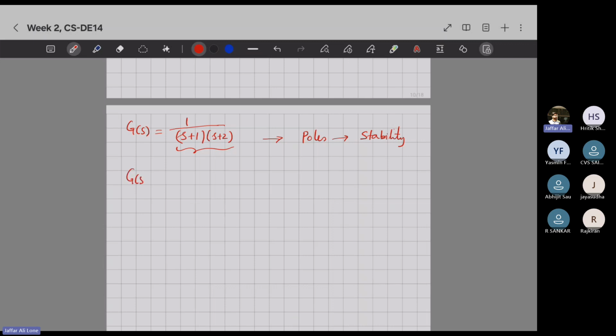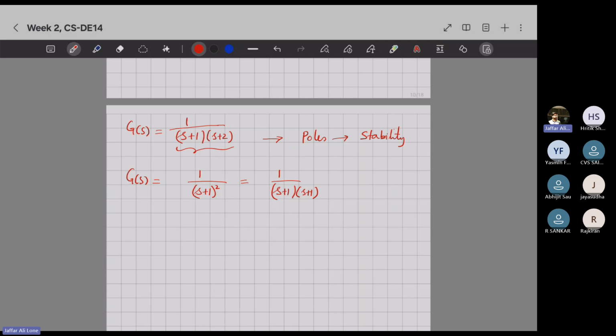Now see, this is one transfer function. Let's assume I have another transfer function of the form 1/(s+1)^2. I can write it as 1 divided by (s+1)(s+1), right? Here you have a coincident pole because it repeats itself.